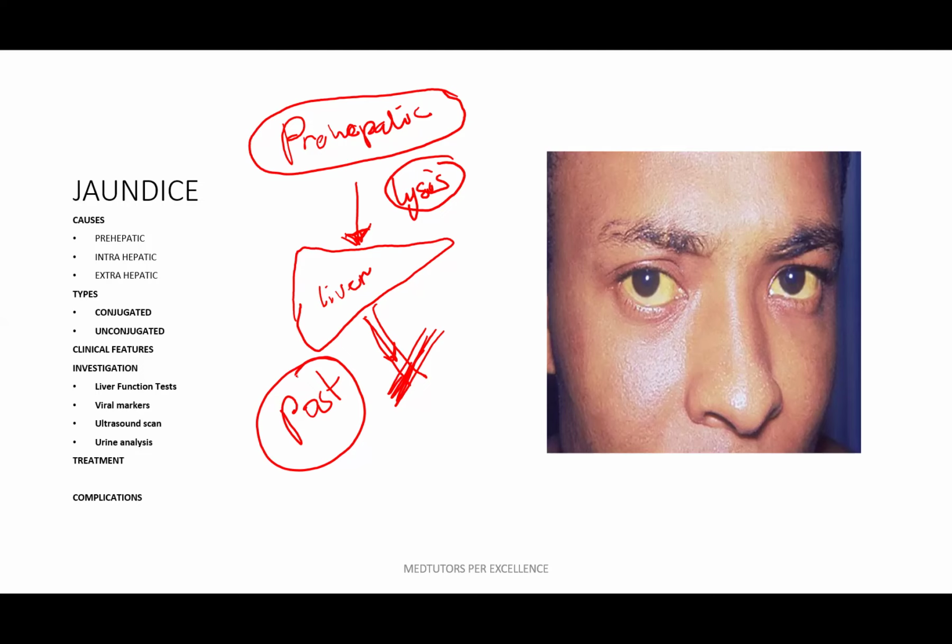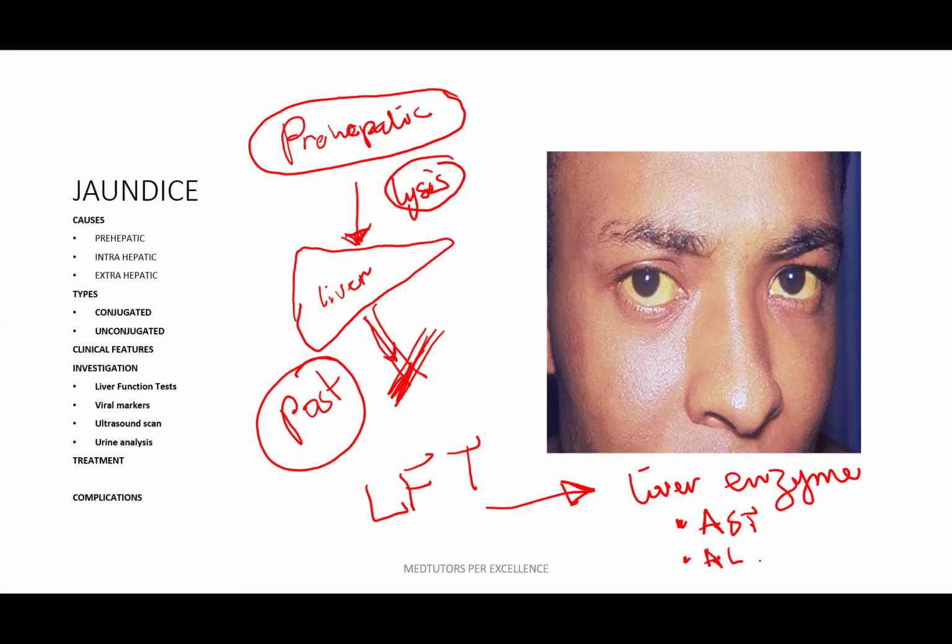So how do you investigate patients with jaundice? You do a liver function test. Now, the liver function test has some certain components. One, liver enzymes. These liver enzymes are what? AST, ALT, ALP.